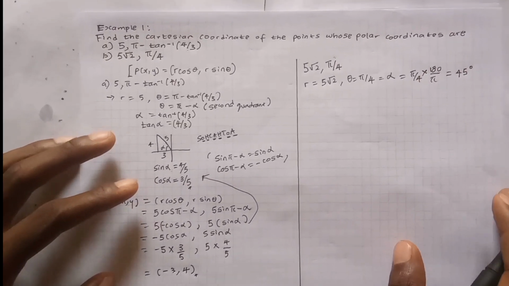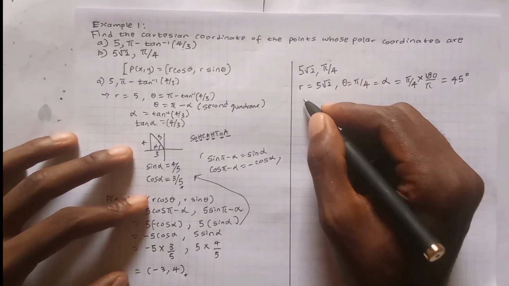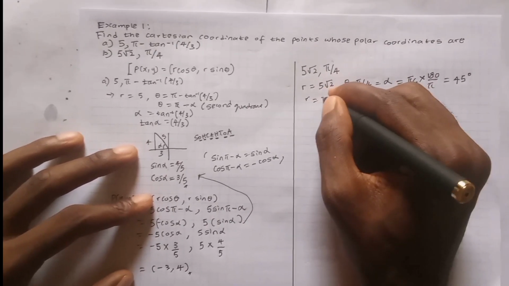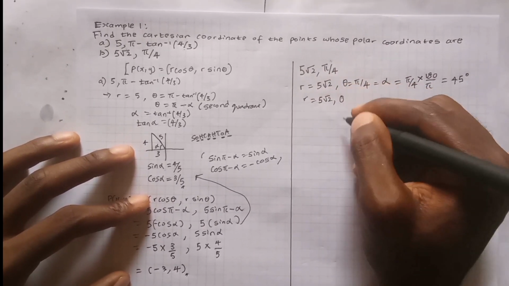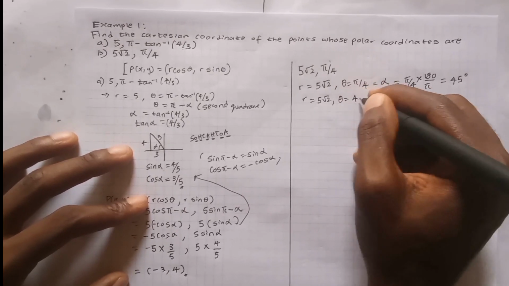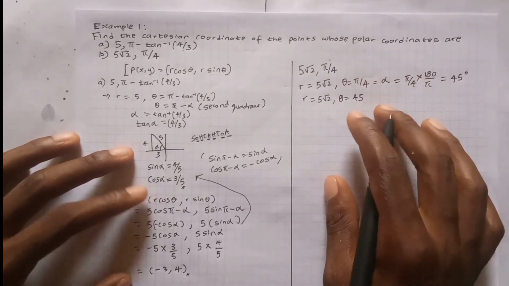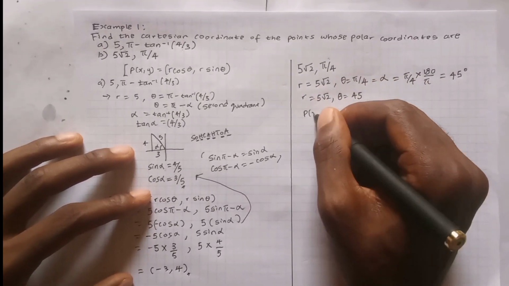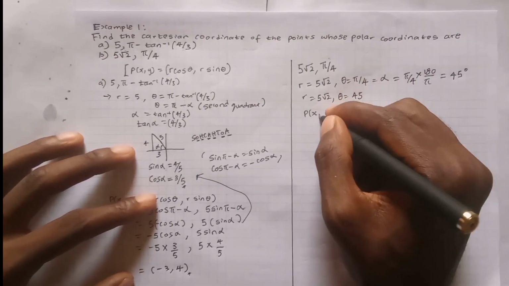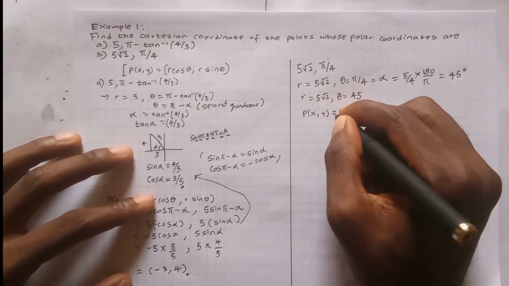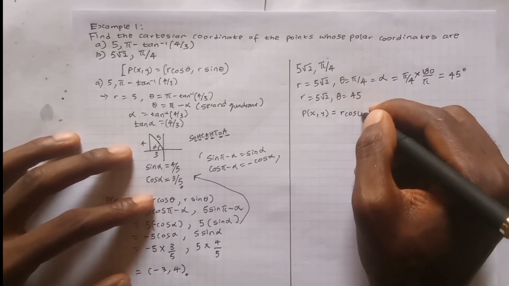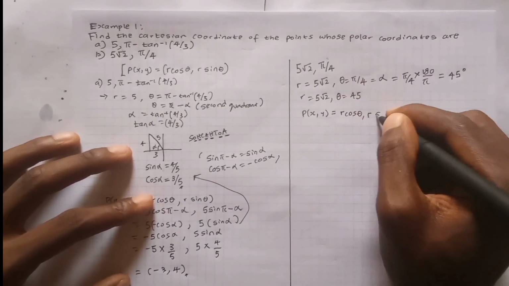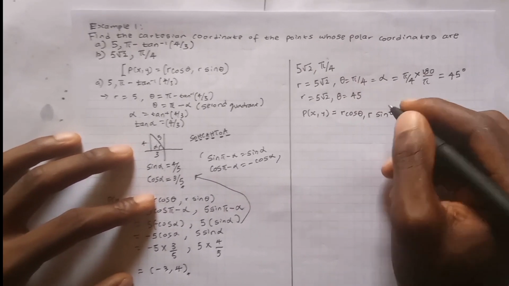Right? So once you have gotten that, you can say that r is equal to 5√2, and your theta is 45. Now we can bring in the formula. P(x, y) is equal to r cos theta, r sine theta.